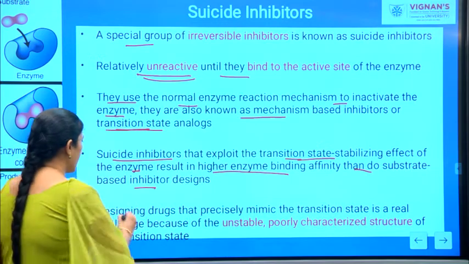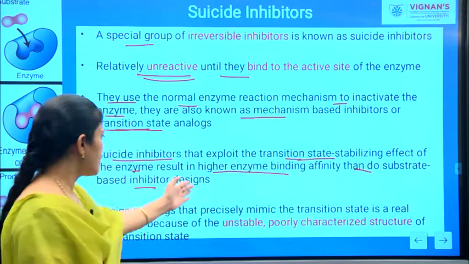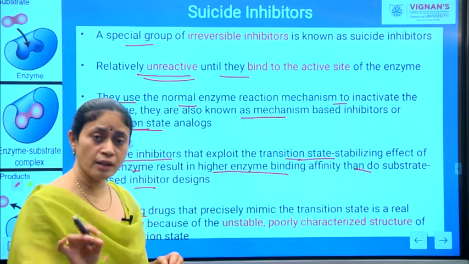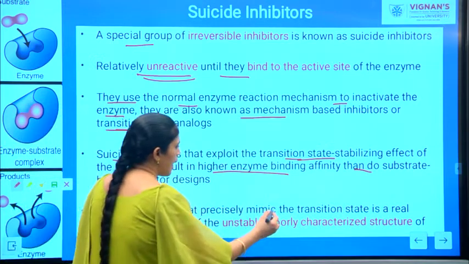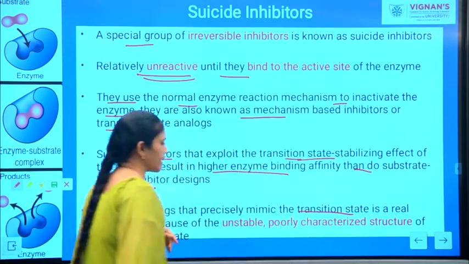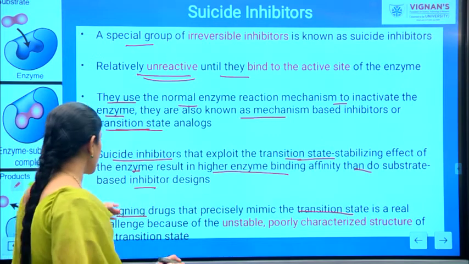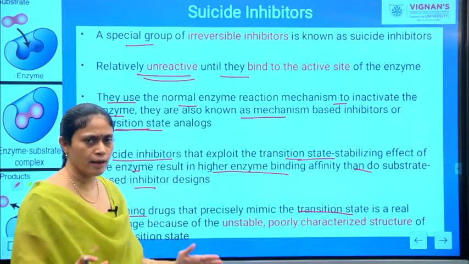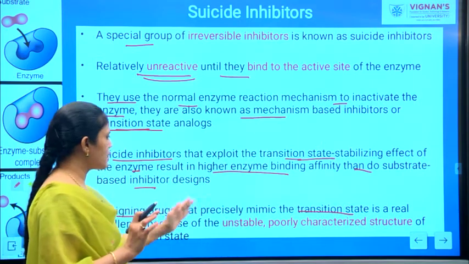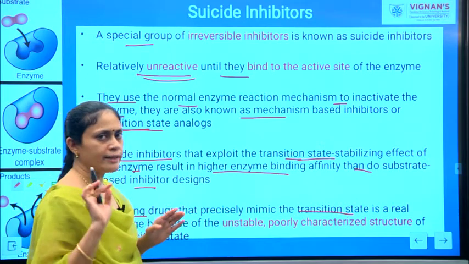Designing a drug that specifically mimics the transition state is really very difficult, because the transition state is highly unstable and a poorly characterized structure is available for it. So, designing a drug for a transition state is very difficult because of its instability.